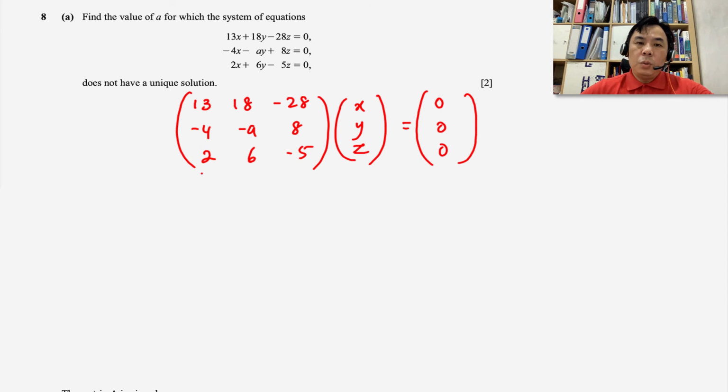Now this one can be written as capital letter A here. This I will represent with X and then this one with Y.